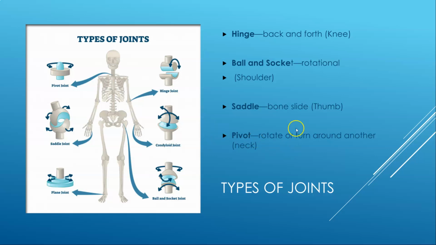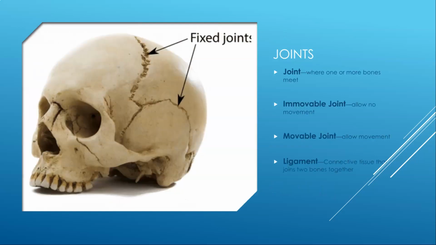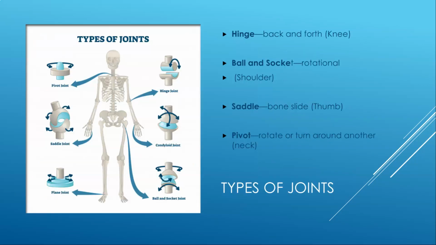The neck is an example of a pivot joint. You can move side to side, but you're limited otherwise in that degree. And so you get the hinge, ball and socket, saddle, pivot. You should know examples of each, and the types of joints, ligaments, a lot of terms and examples.